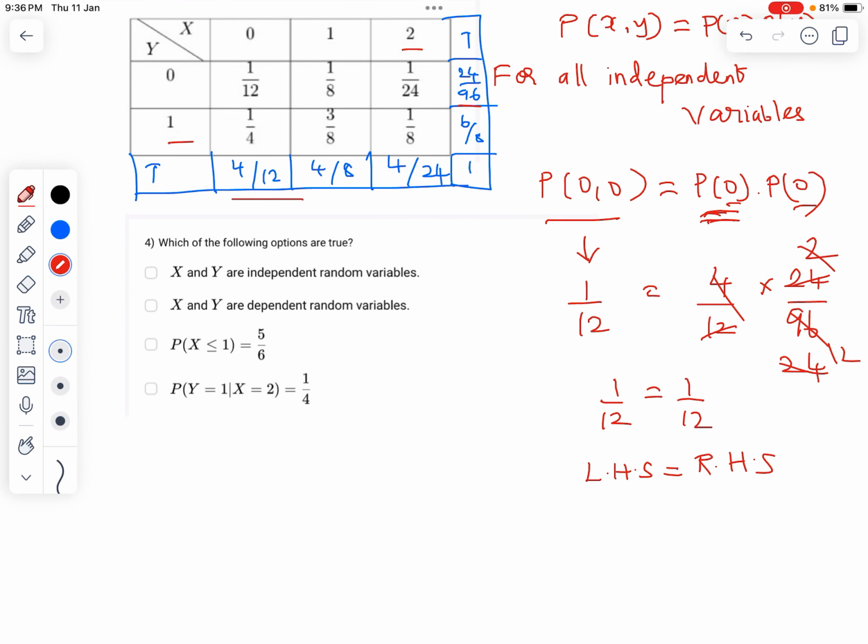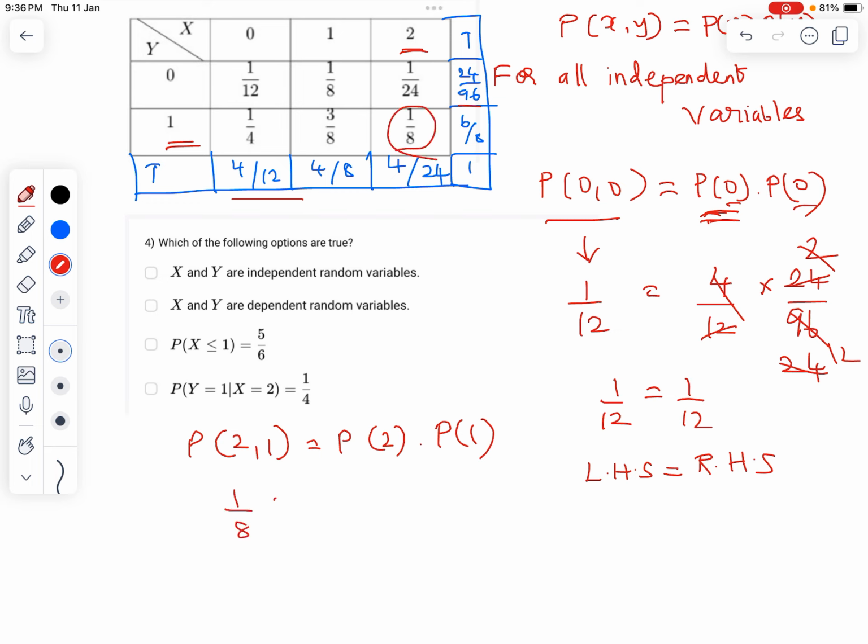So p of 2 comma 1 is equal to p of 2 into p of 1. Let us find the value for 2 comma 1, which is exactly coinciding at 1 by 8.